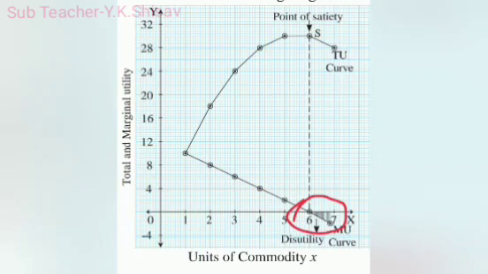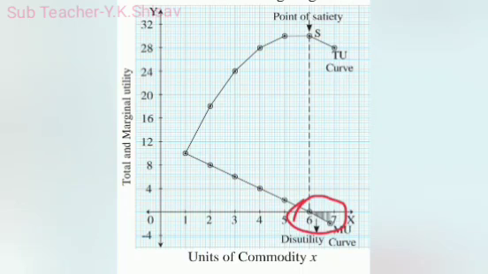Understand? After reaching the point of satiety, a rational consumer should stop his consumption since the maximum limit of satisfaction is reached and there is no addition to total utility by any further increase in the stock of commodity. Consumption beyond the point of satiety transforms satisfaction into dissatisfaction.